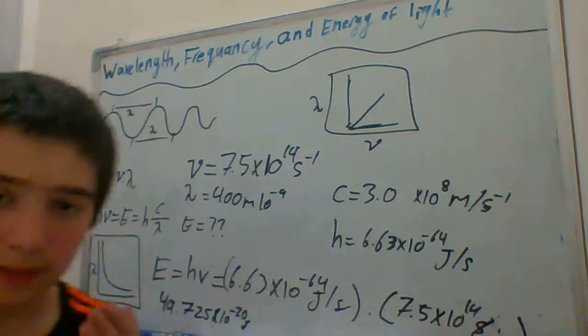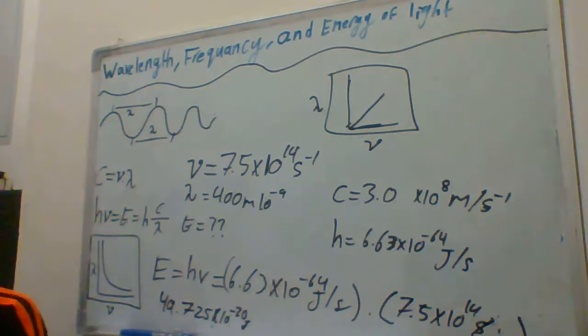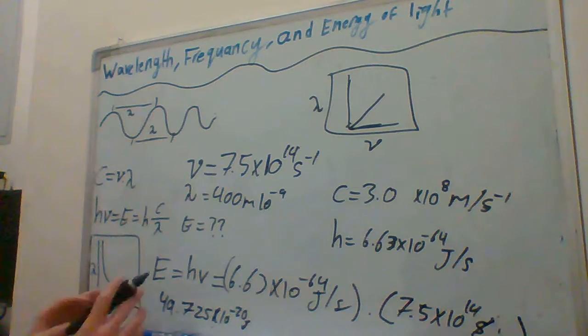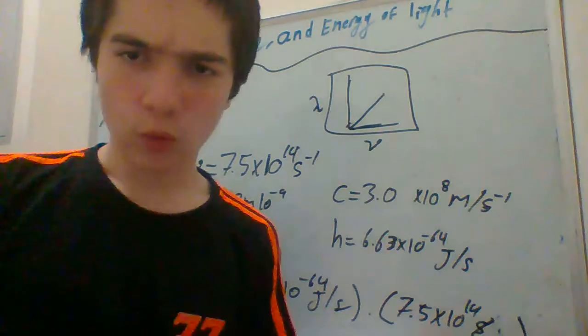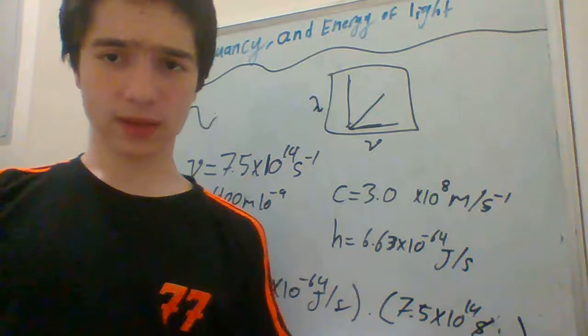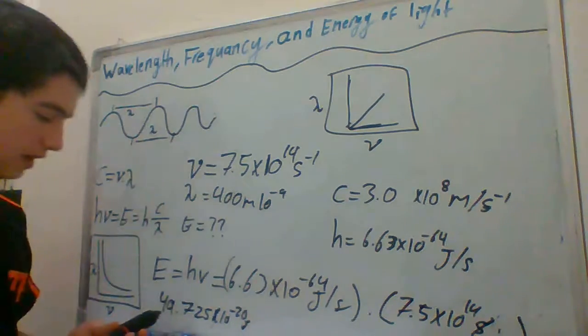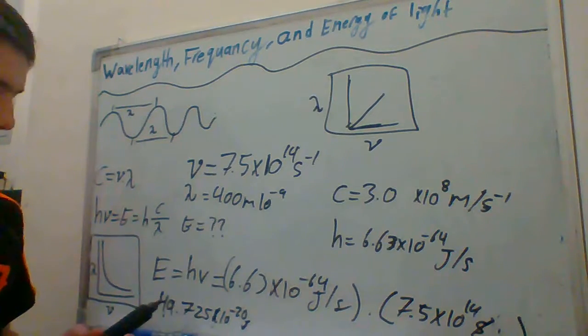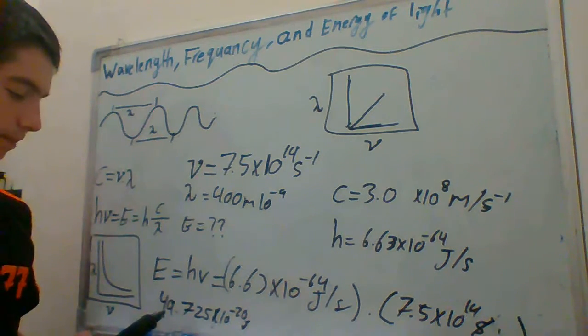Well, in the question, as we read, we can see we solved everything correctly. But now, a better way of solving that: we got the energy, but we don't want that big number. So to solve that, we're simply going to round it. If we round that, it's going to equal just 50.